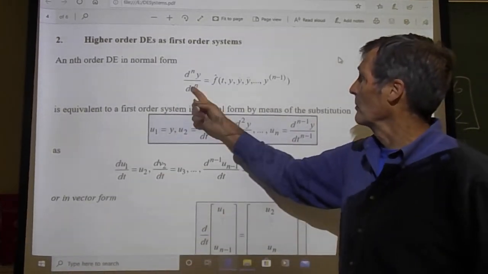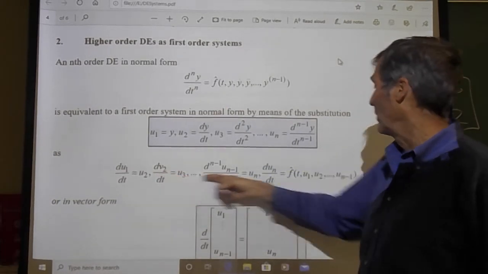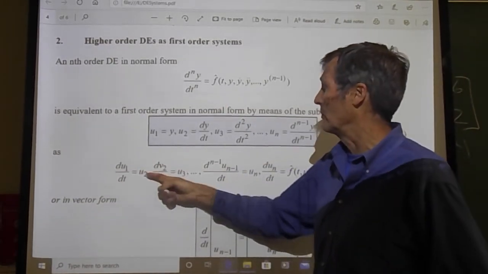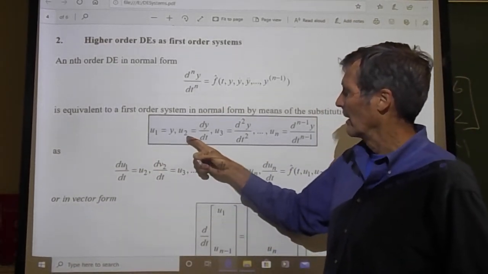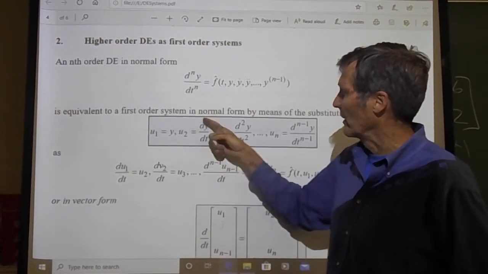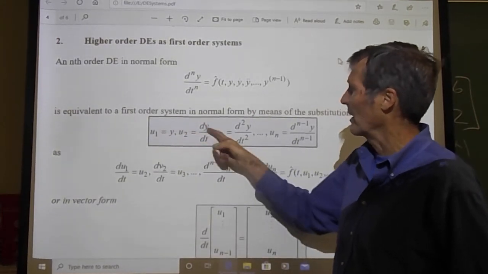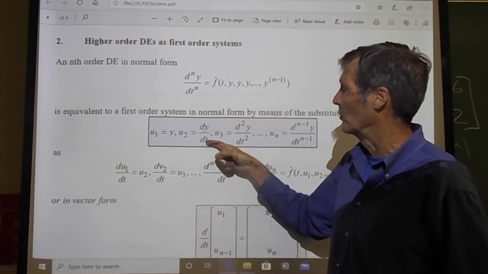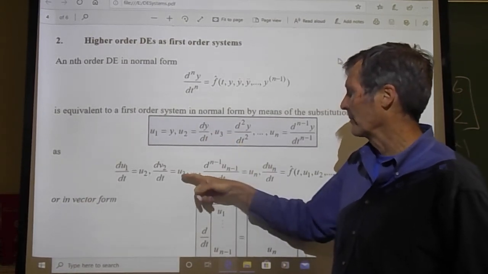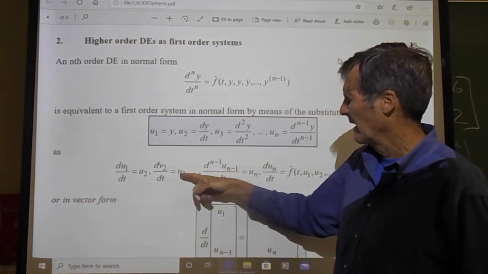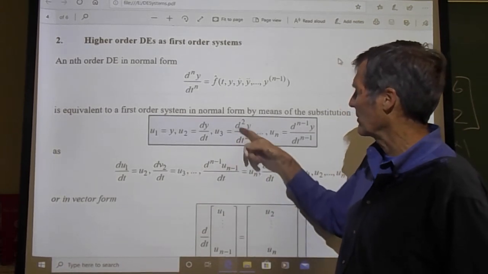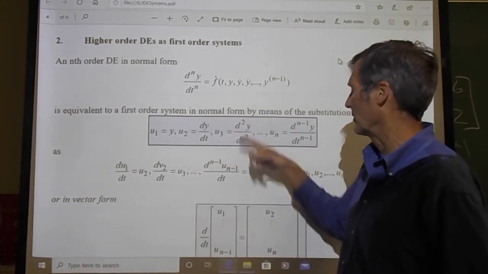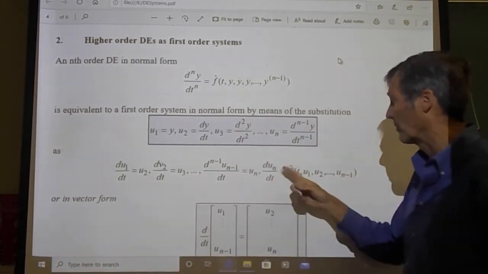Well, it allows you to rewrite this single equation equivalently as this. du1/dt is u2. That's just saying that the derivative of u1, which is dy/dt, is u2. So that expresses that u2 is the derivative of y. And then du2/dt equals u3, that's just expressing that u3 is the second derivative of y. And all the way down until the very last one.